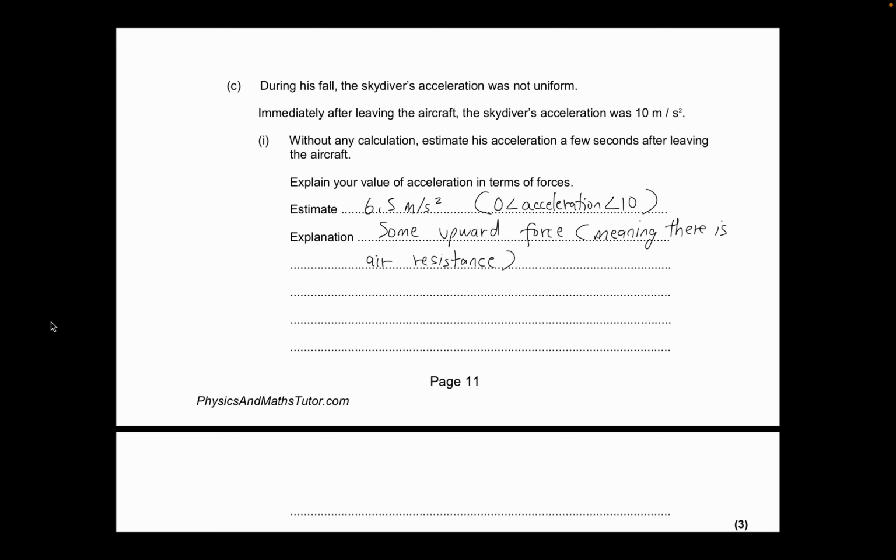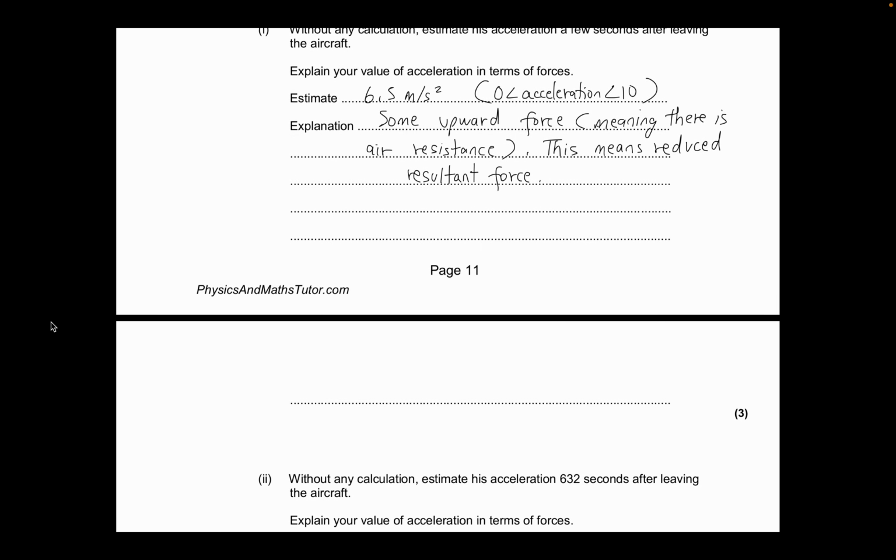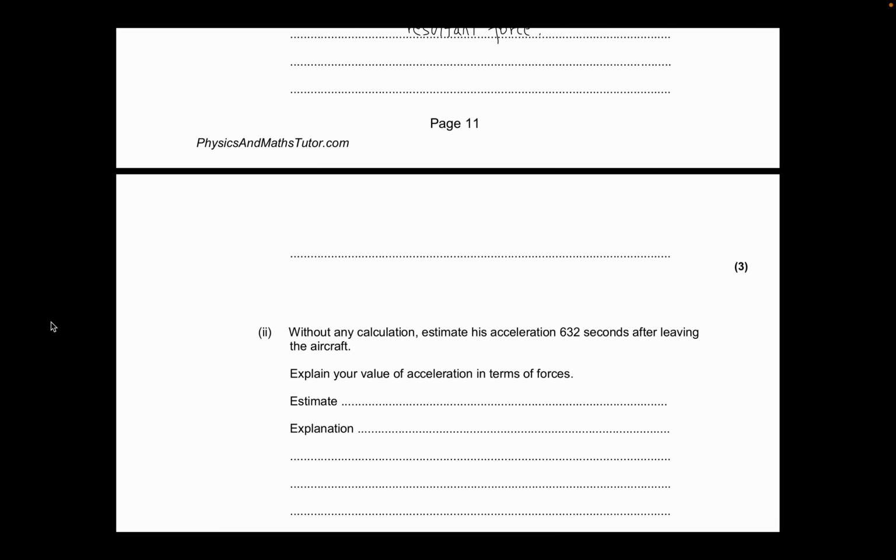And this means reduced resultant force. Reduced resultant force. That's your answer for roughly 3 marks. Okay. Let's move on to the next question.